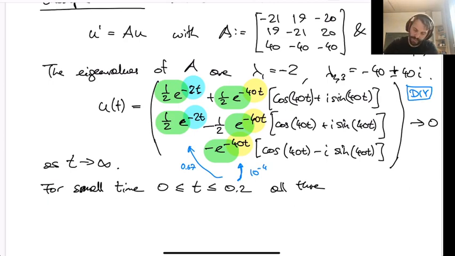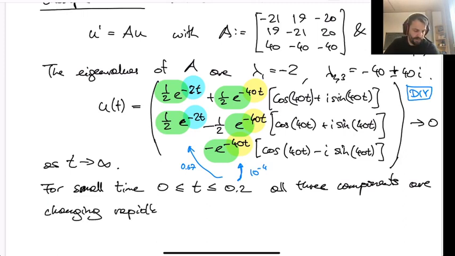So all three components are changing rapidly for small t, up to 0.2 roughly.